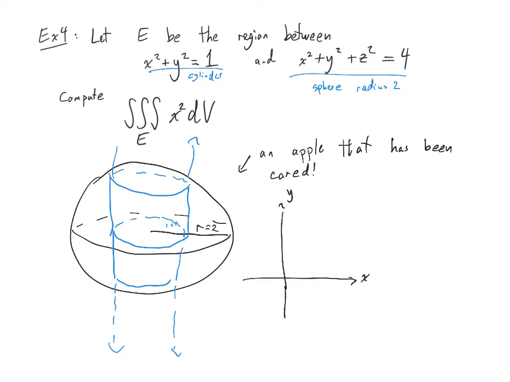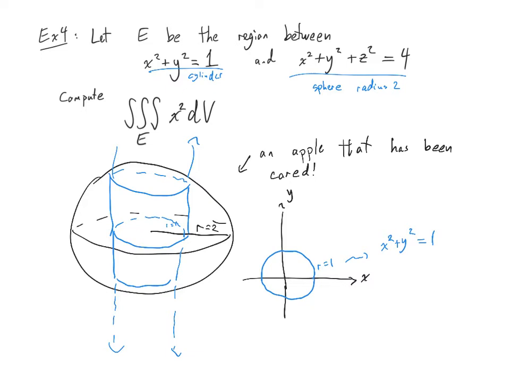In the xy plane, the function I'm looking at is a cylinder, right? That's clearly the cylinder, r equals 1, and this is coming from the first equation, x squared plus y squared equals 1.